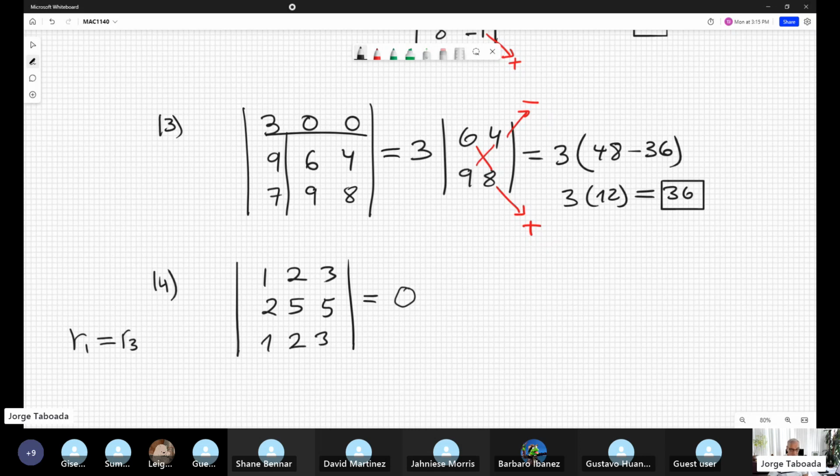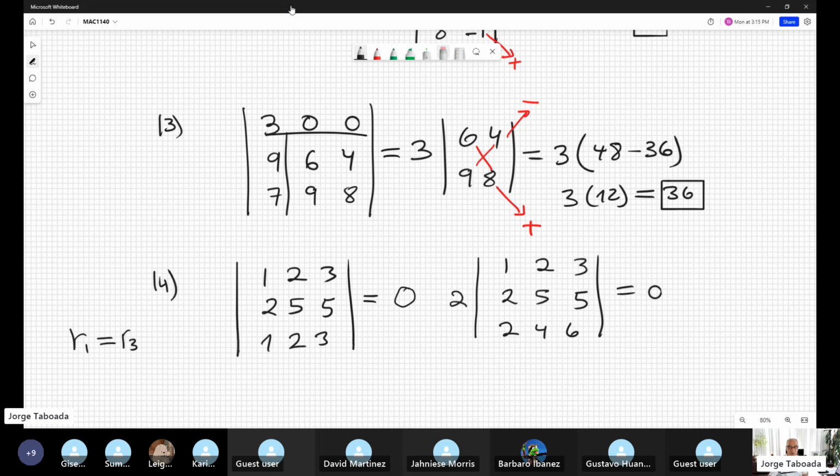But not necessarily equal. It is proportional. Look, suppose you have 1, 2, 3, 2, 5, 5, and you multiply the last row by 2. It's 2, 4, 6. This is also 0, because you can discover the common factor 2 and factor it out. You factor out this 2 here.